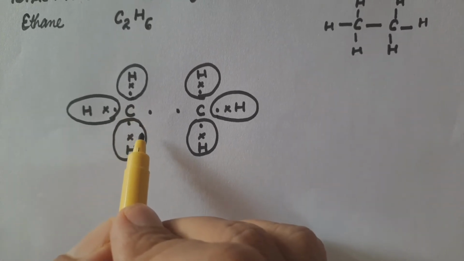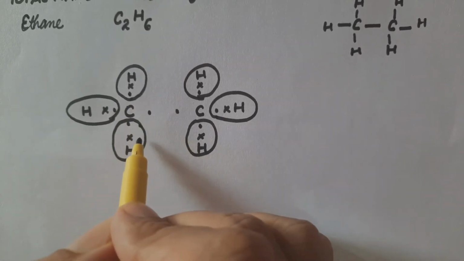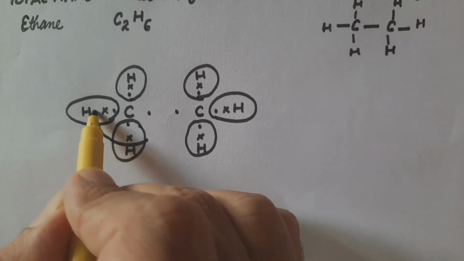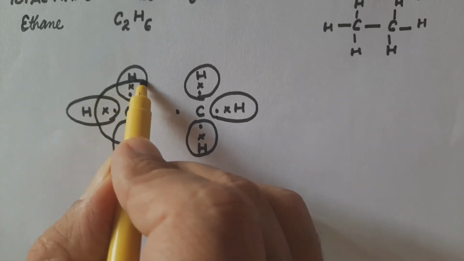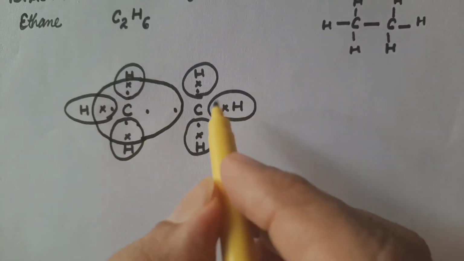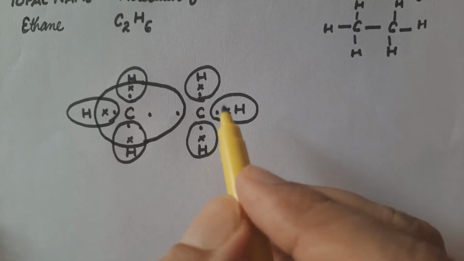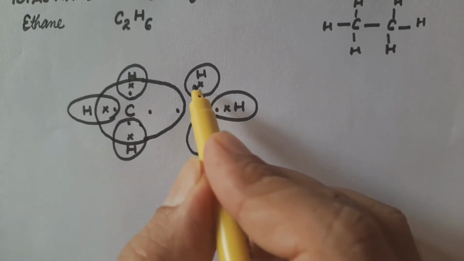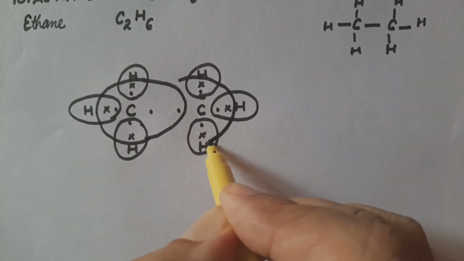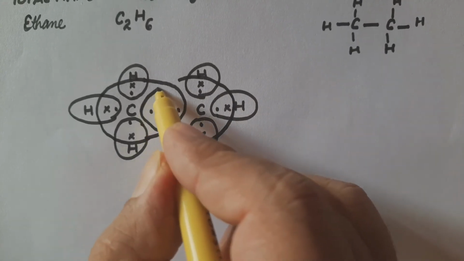Now we will complete the octet of the first carbon. It will share 1 electron with each of 3 hydrogens and 1 with the other carbon. The same is the case with the second carbon. It will share 3 electrons with 3 hydrogens and 1 electron with the other carbon.